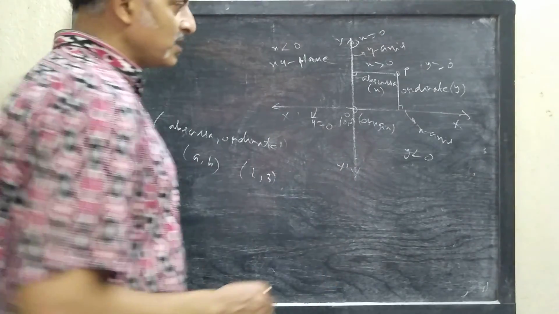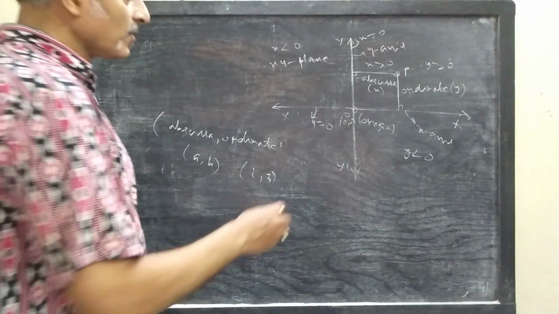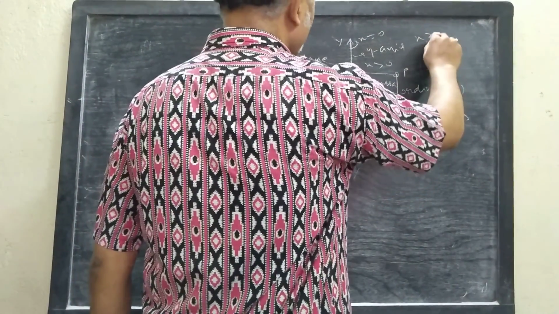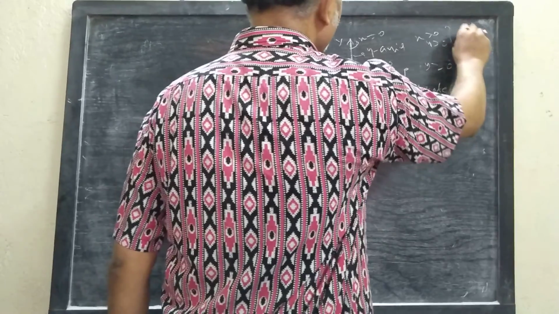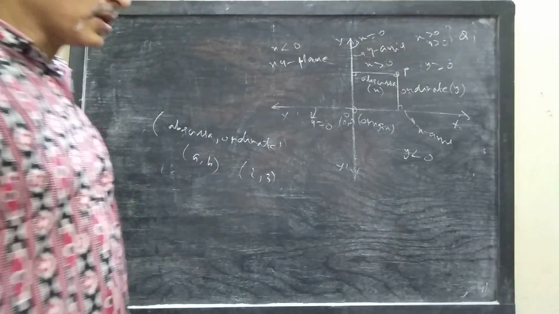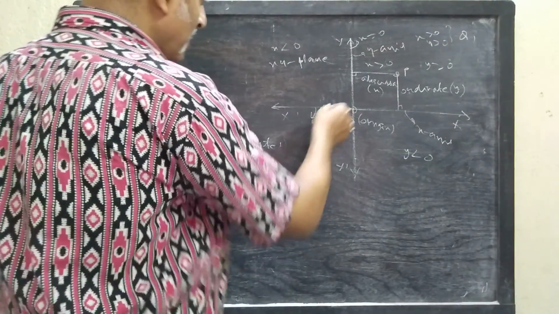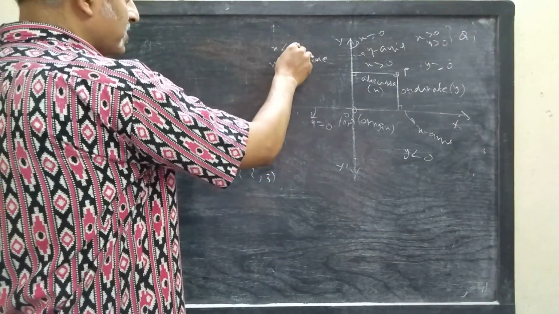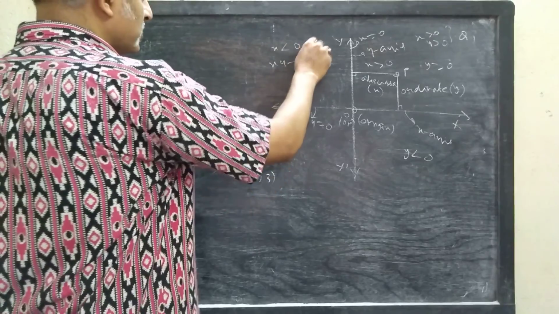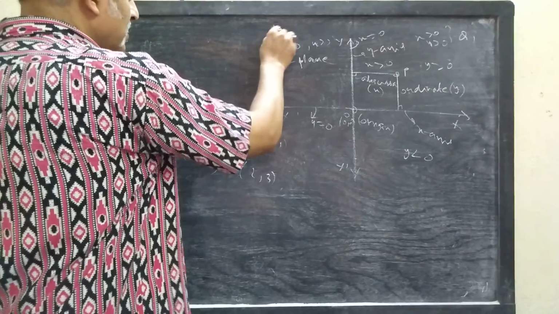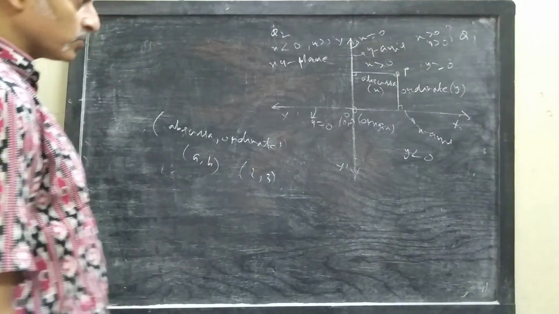And now let us define the quadrants. This is a quadrant where x is positive as well as y positive. This quadrant is called the first quadrant, Q1. This is also a quadrant where the abscissa is negative and the ordinate is positive, because all the points lie above the x-axis. This quadrant is called the second quadrant, Q2.